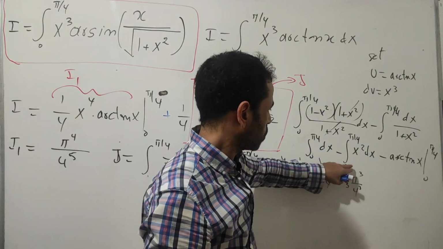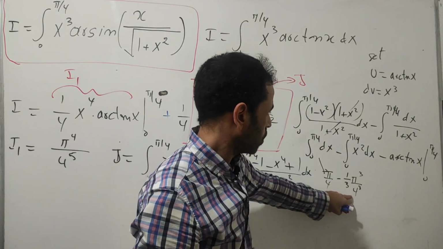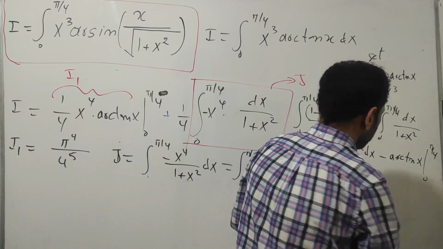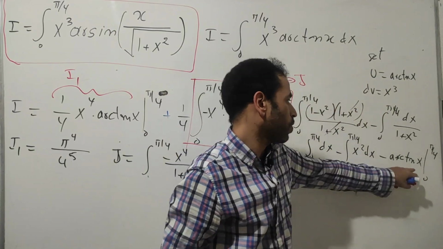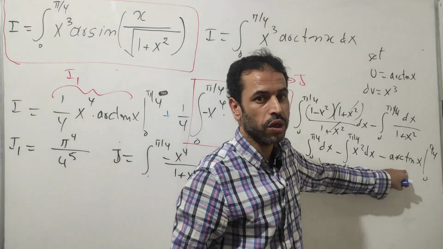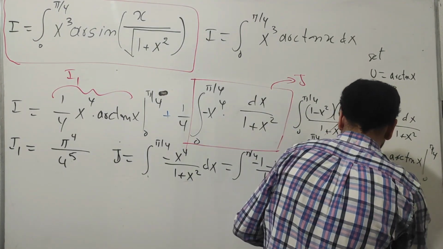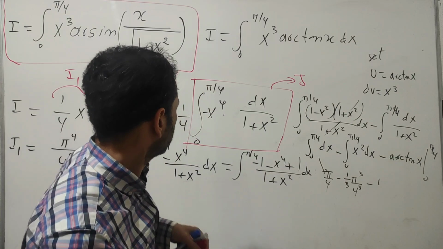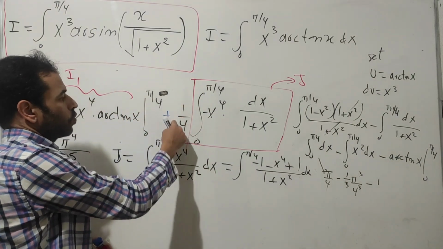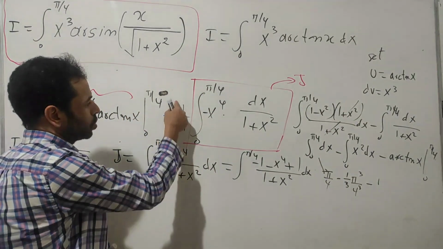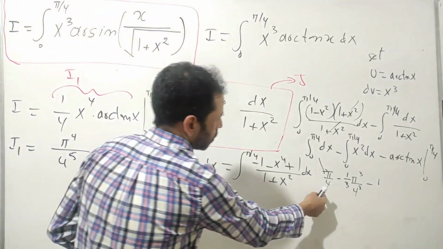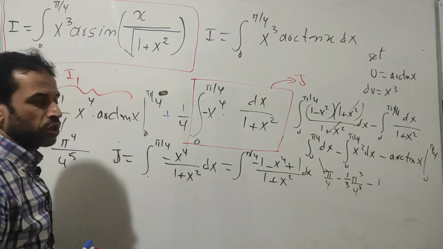So 0 will be 0, and I will have this one now. For this one, arctangent of pi over 4 is going to give us number 1. 0 is going to give us 0, minus number 1. But be careful here, we have a 1 over 4 as a multiplier. We need to multiply this term by this one in order to finish off with this integral.